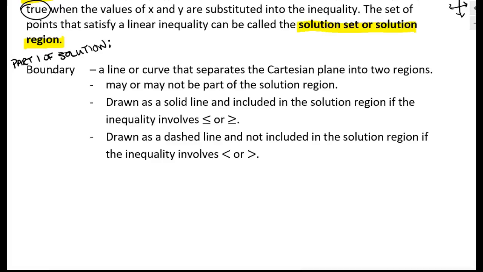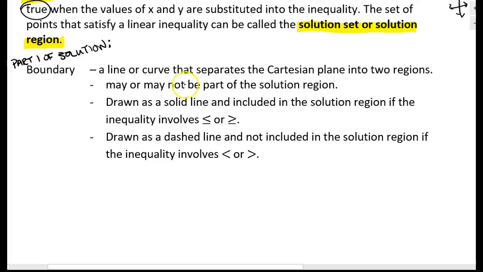The section that is part of our solution set and the section that isn't part of our solution set. This follows our equation. So this is why we're going to want to isolate y and create a y equals mx plus b sort of look to our inequality so that we are able to plot this line more effectively.